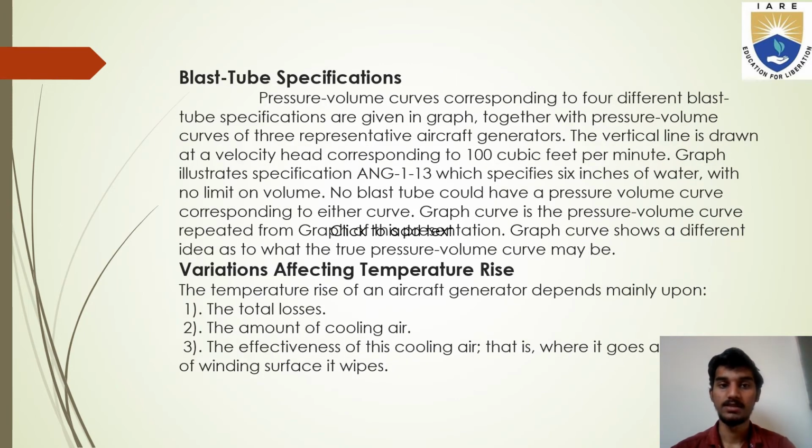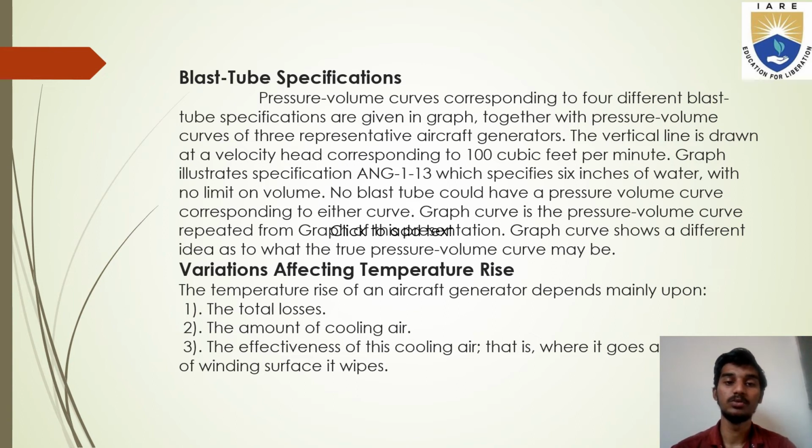Blast tube specifications. Pressure volume curves corresponding to four blast tube specifications are given in the graph. Together with pressure volume curves of three representative aircraft generators, a vertical line is drawn at a velocity head corresponding to 100 cubic feet per minute. The graph illustrates specification ANG 1 to 13, which specifies 6 inches of water.